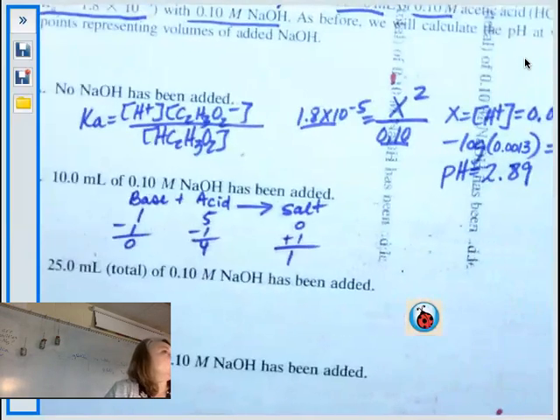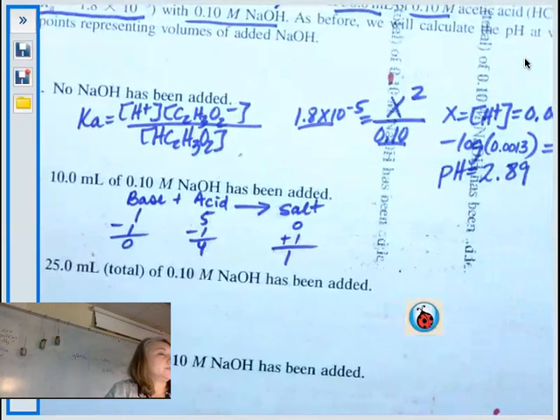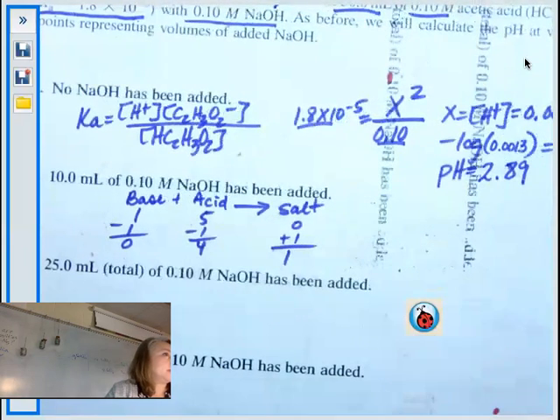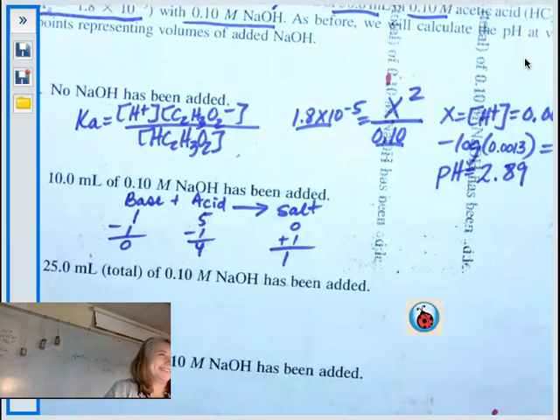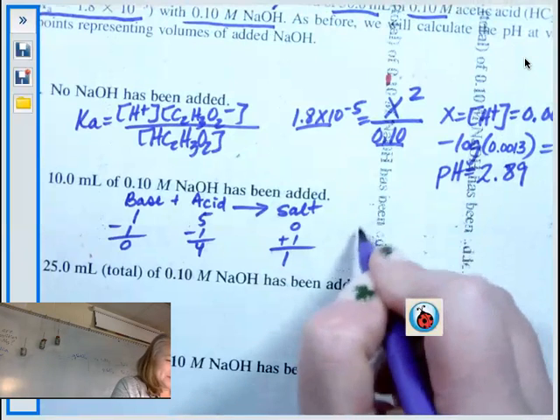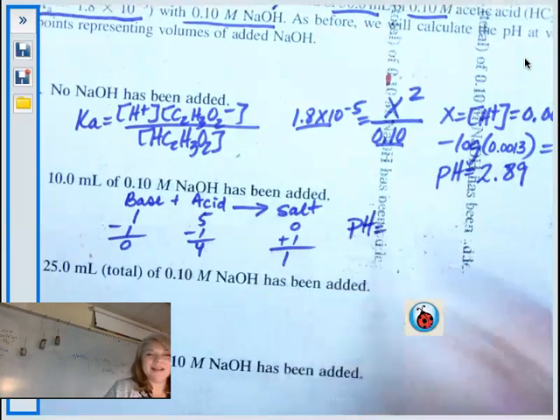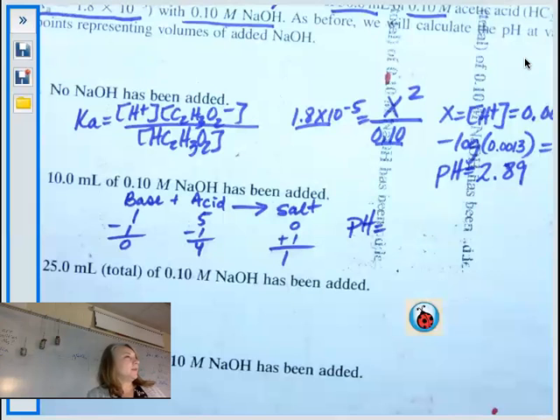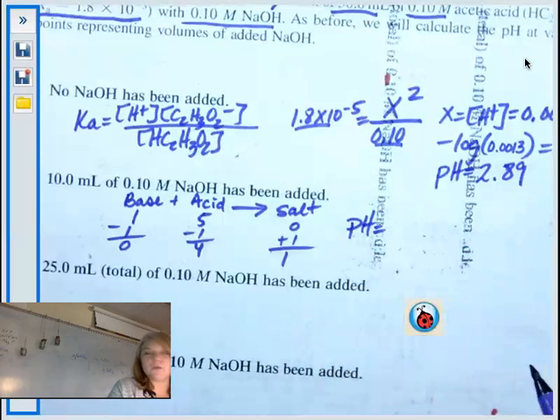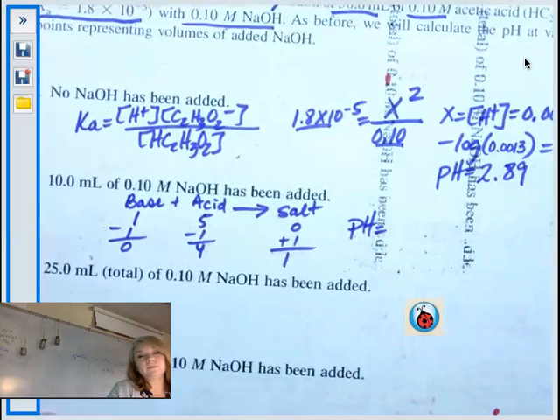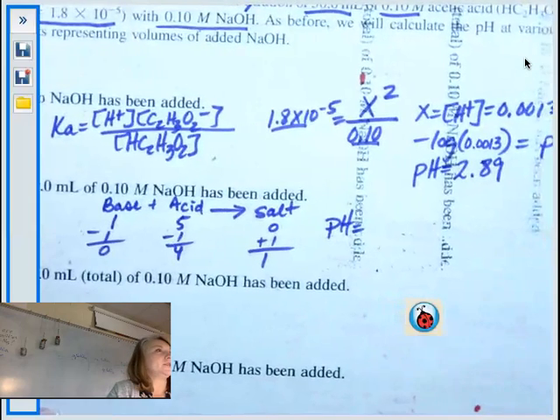Okay, so this would be an excellent time to use your Henderson-Hasselbalch equation to do pH, because you've got both conjugate base and acid. In the Henderson-Hasselbalch equation, find the pKa of that acid real quick, that way we can use it every time.